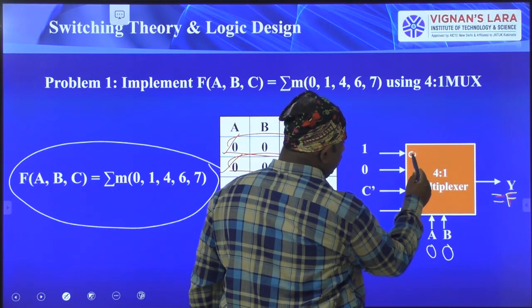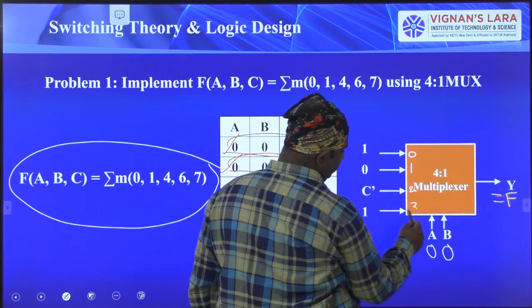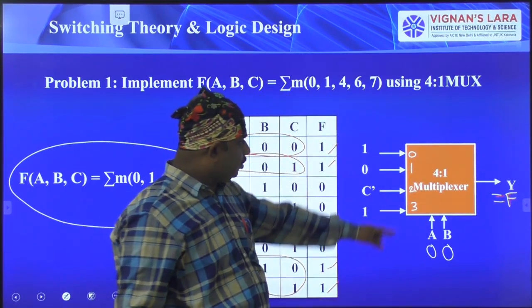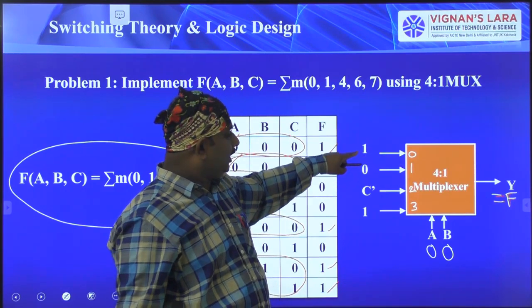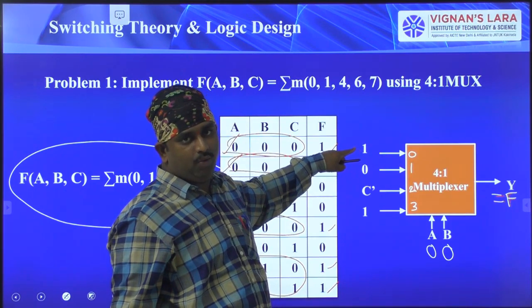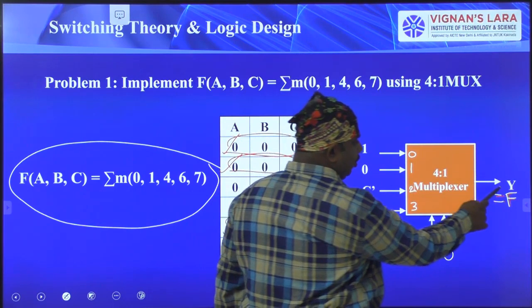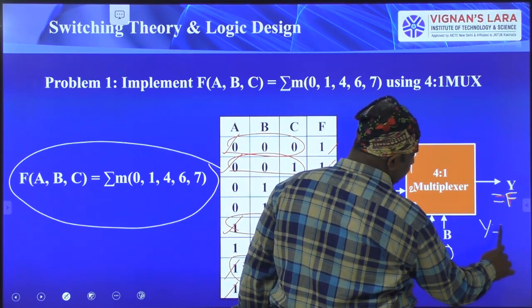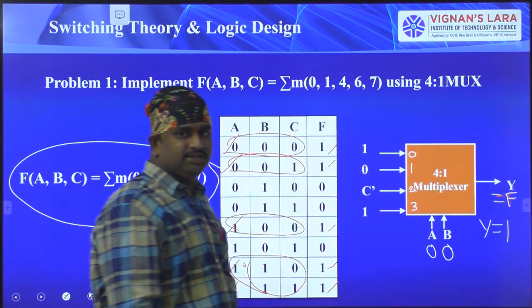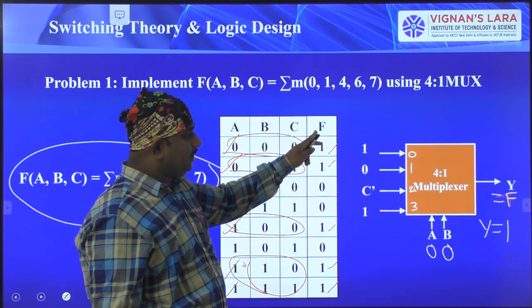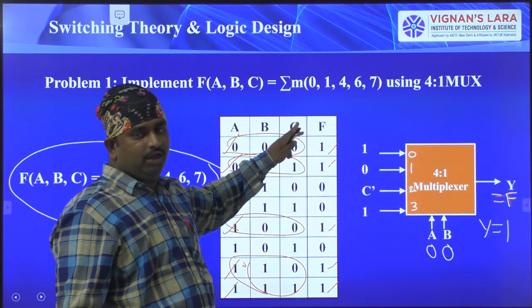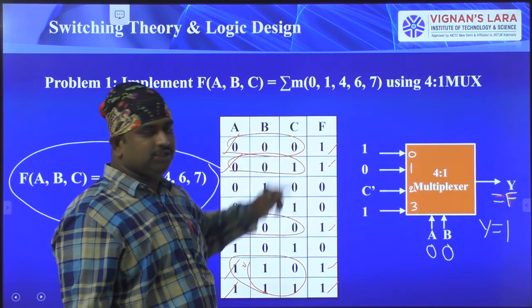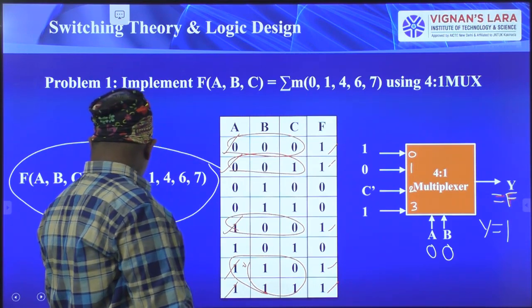This is 0, 1, 2, 3. When you select 0, 0, the 0 line will select. At the 0 line we have the value 1. That value 1 is going to the output. Now Y is equal to 1. Y is nothing but F, so this is the F equal to 1 combination.